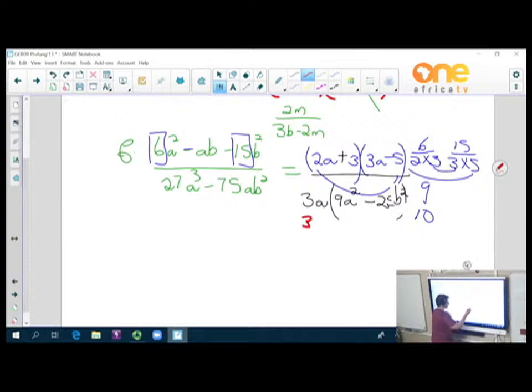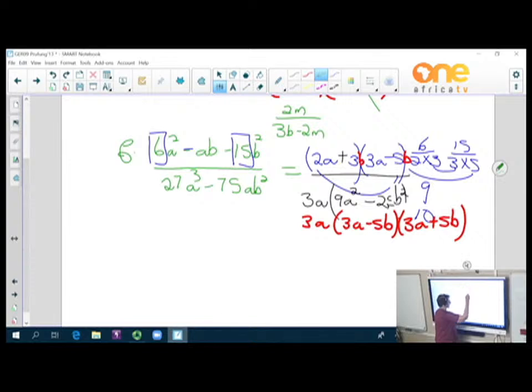So I also have here 3a minus 5b, and then 3a plus 5b. So I can even factorize this one further. And there should be a b here, and here should be a b. Sorry, I missed that out.